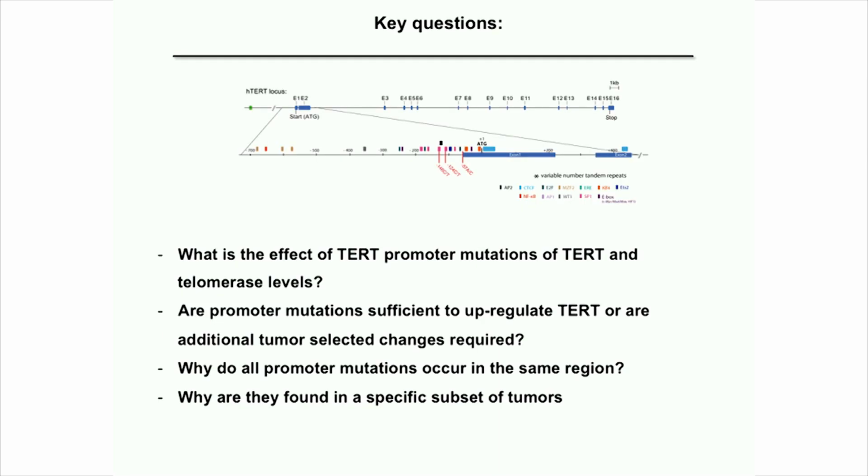Melanoma is one of the most genomically unstable cancers around. Do you need selection for any of those additional changes? Why are all these TERT promoter mutations within this particular region? Why are there none upstream? Why these particular mutations? And why are they in a specific tumor subset? We addressed this using genome editing.